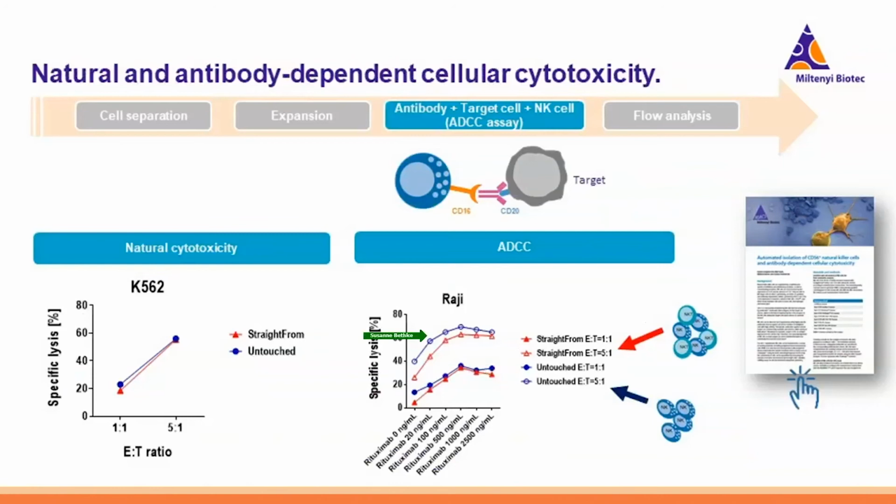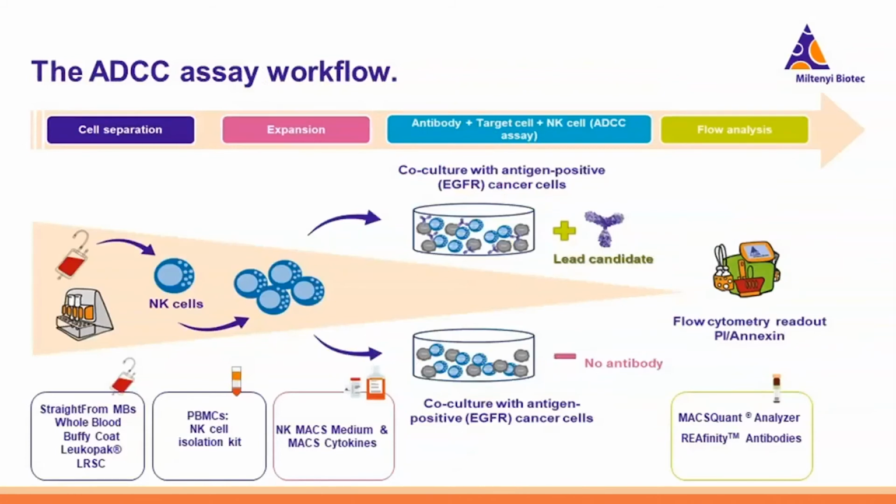And here we just used different ratios of cells. If you want to know more about the ADCC assay, please click on the PDF later. Here we have a nice application note that explains all the details and all the data that you need to know about ADCC.